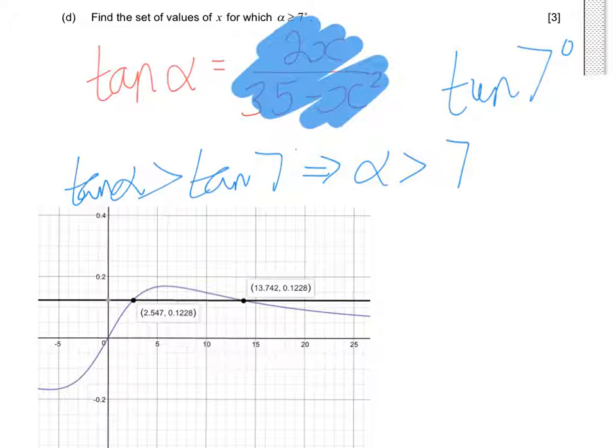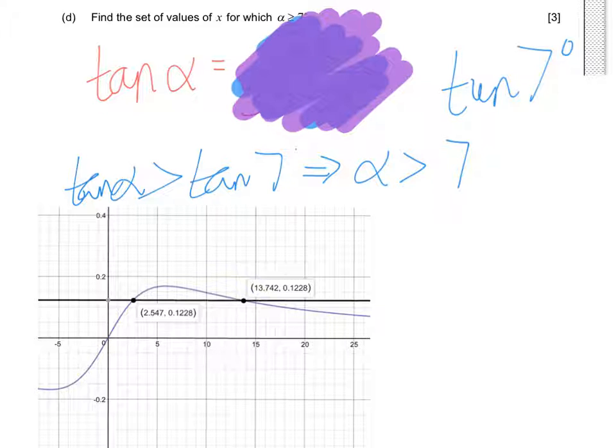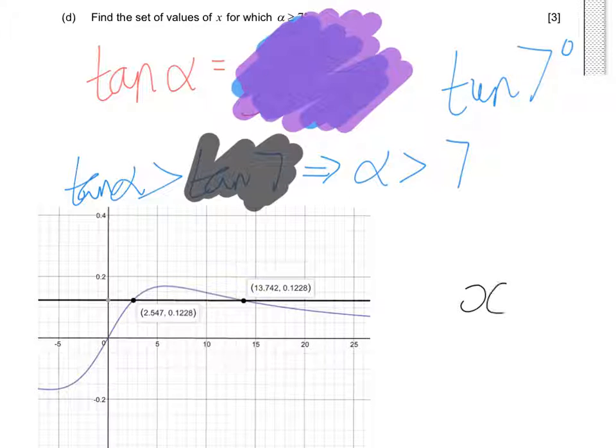So that's what it looks like once you plot that into your graph, and you can see that in order for tan alpha, which has come out in purple, to be bigger than this, it needs to be true that x is between 2.55 and 13.7.